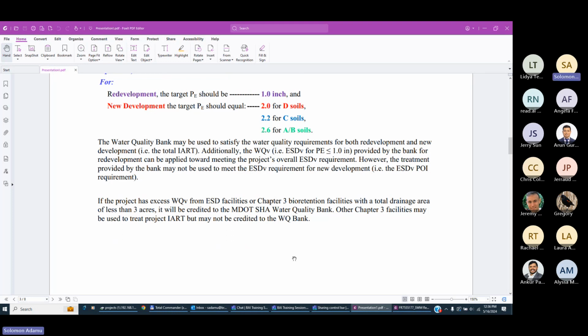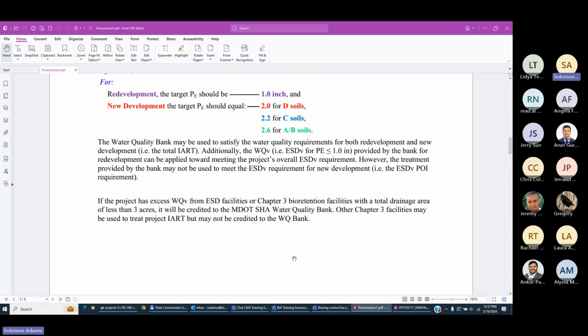Not only the volume, but also if we are providing more IR. Designing the practice to provide more volume doesn't mean that we are providing more treatment. So we need to show that more impervious area is going there also, not only the capacity of the practice.